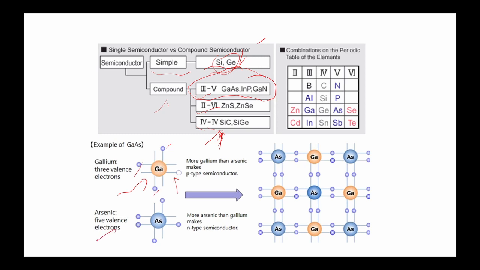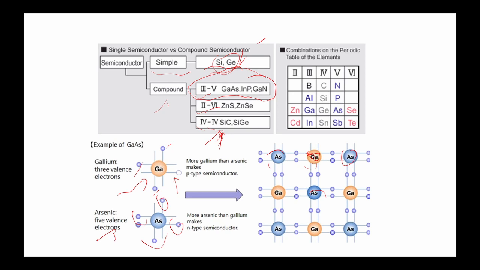And arsenic is from the fifth group, so it has 5 electrons in the valence shell. When we make the compound semiconductor, one gallium and one arsenic will be connected. One gallium will be connected with 4 arsenic atoms, so it will be a kind of tetrahedral structure.